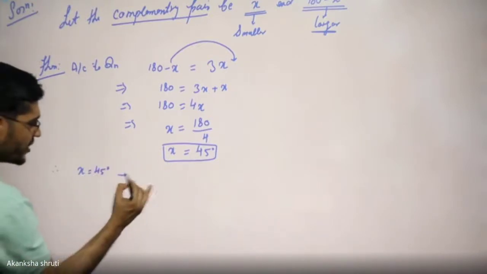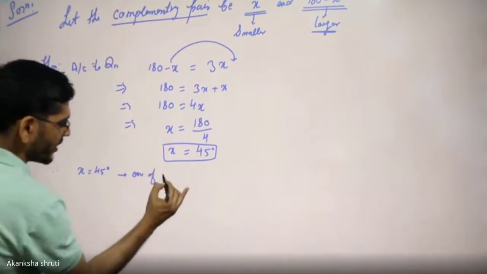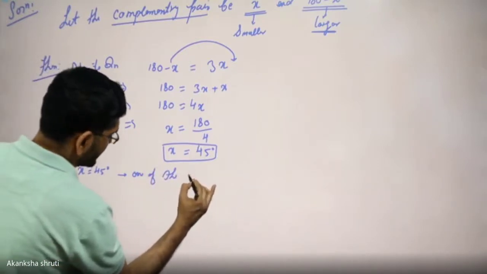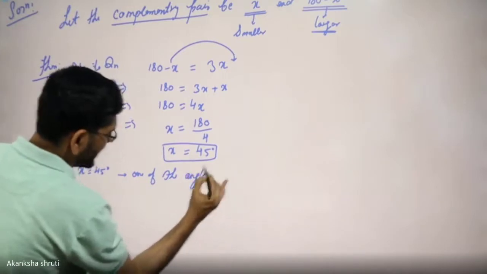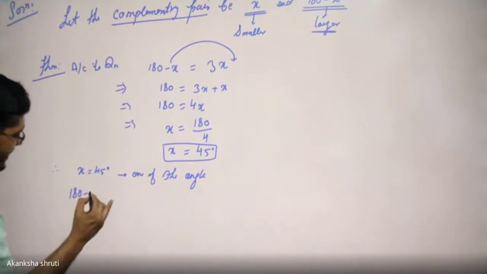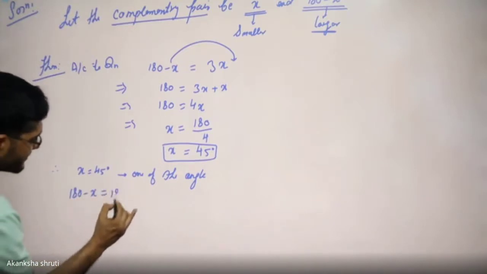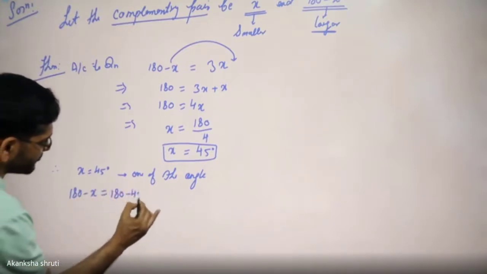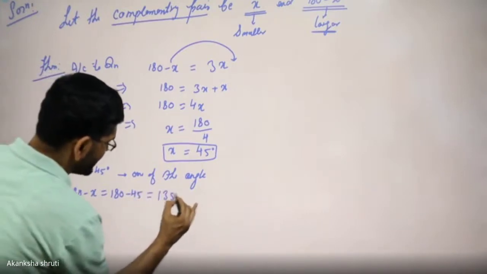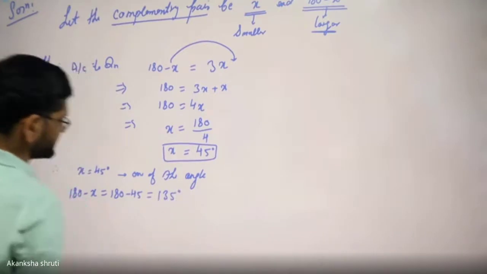This is one of the angles of the pair. Students, the other angle is 180 minus this x, that becomes 180 minus 45. This becomes 135 degree.